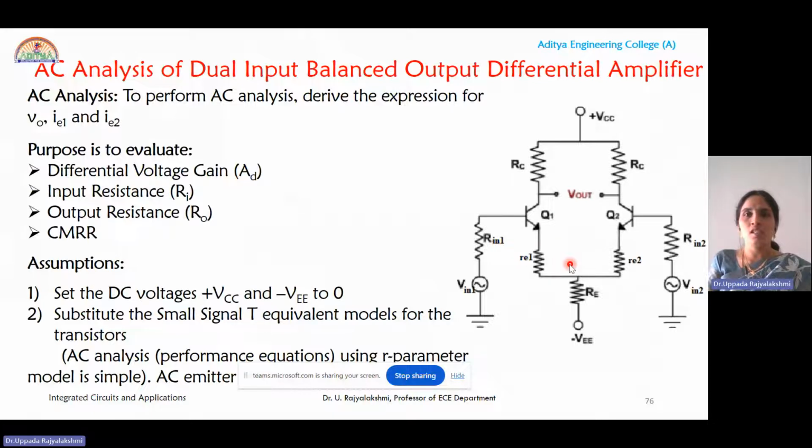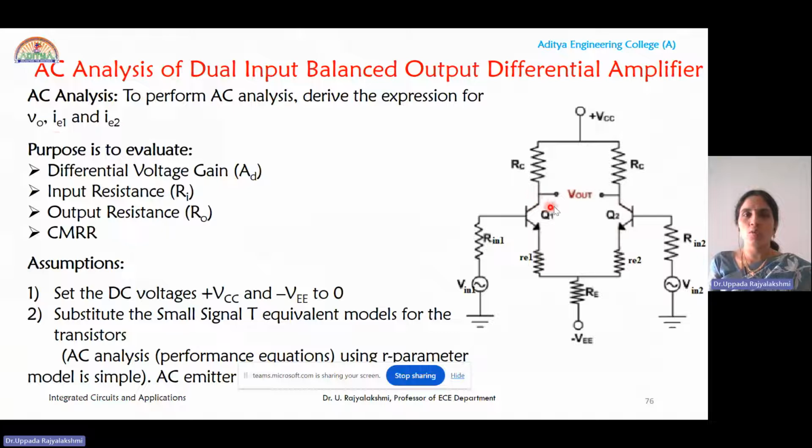And another thing is, here we are going to perform the AC analysis. So in order to perform the AC analysis, we need to calculate the voltage gain of the differential amplifier. Similarly, the equivalent input resistance at both the transistors Q1 and Q2 and the output resistance of both the transistors Q1 and Q2.